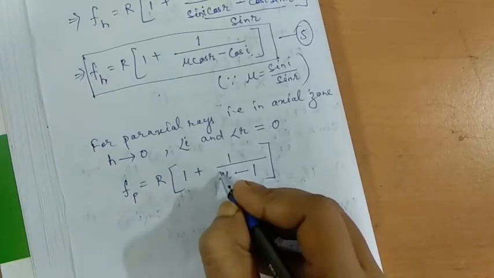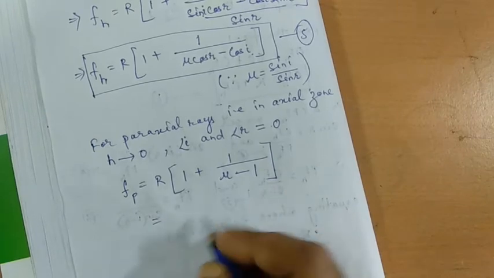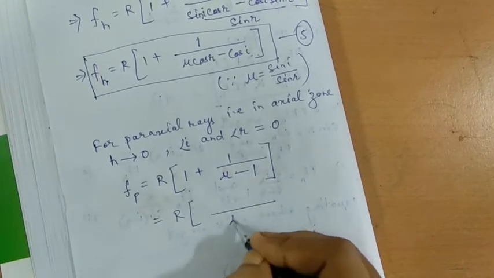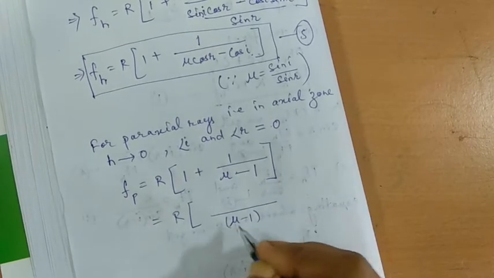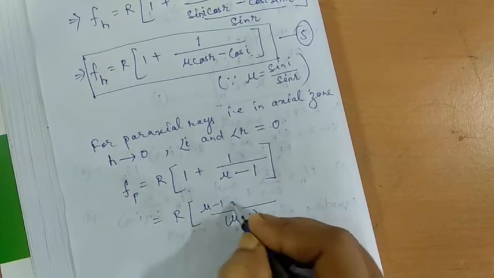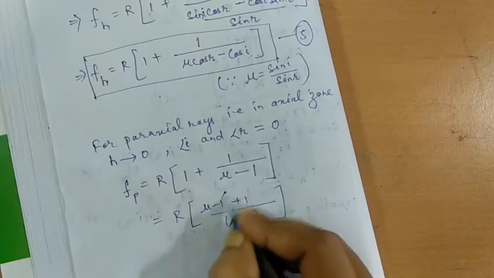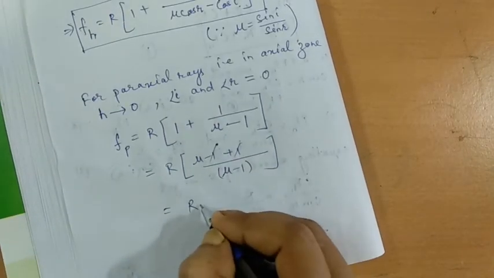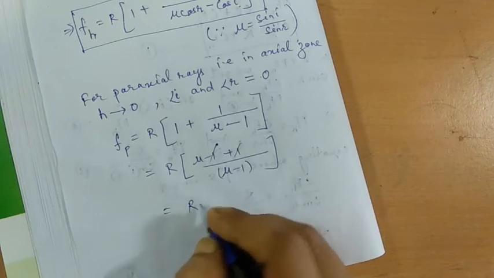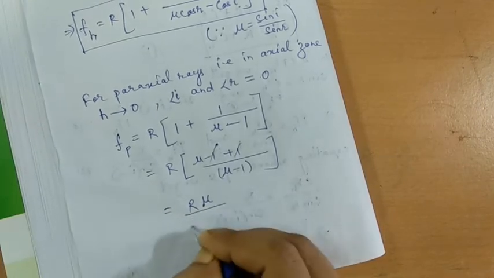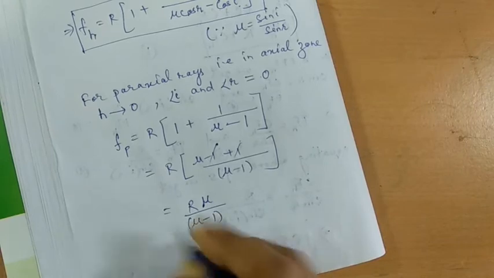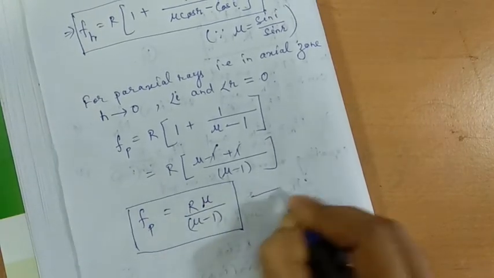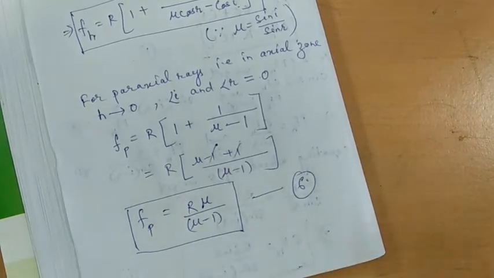So you got a term like this. Take the LCM here, mu minus 1. So this gets cancelled, and you get R mu by mu minus 1. This is my Fp. Let's say this is equation 6.